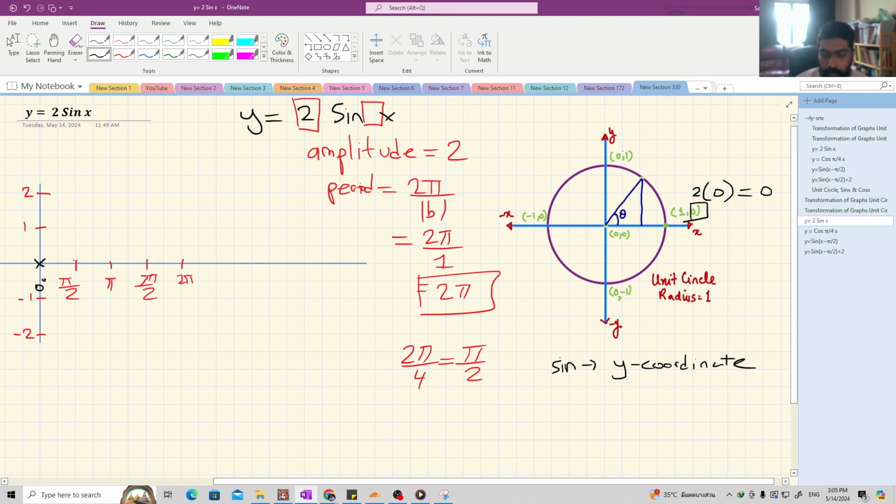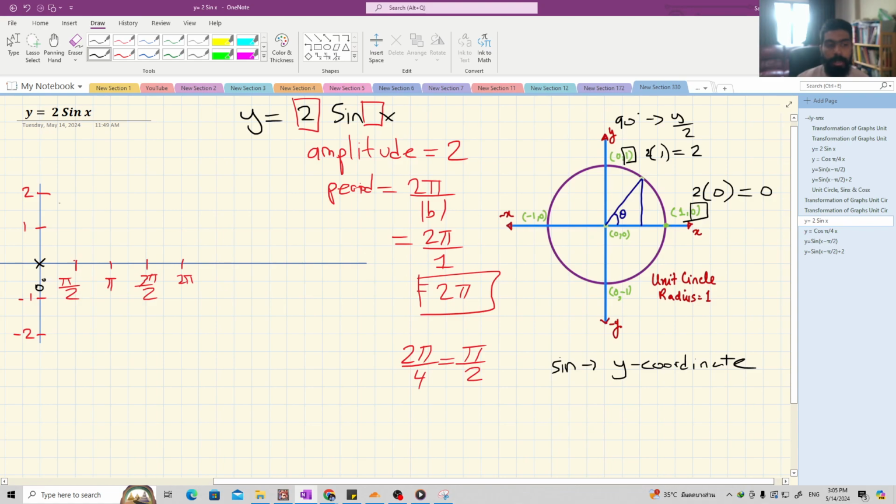Now for the next one, at 90 degrees, or pi over 2, we are going to be looking at our y coordinate, right? Since we are talking about 2 sine of x, we are going to take 2 and multiply by 1, and we know that 2 times 1 is equal to 2, right?